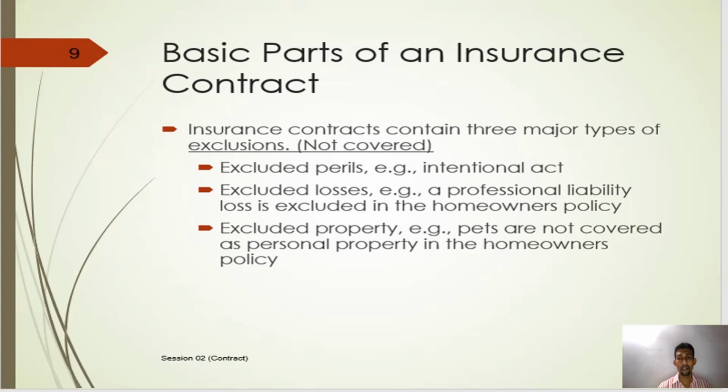So you have to clearly understand that if you lose jewelry or something similar, you will not be able to claim for such damages. Like that, there are specific exclusions in insurance policies.